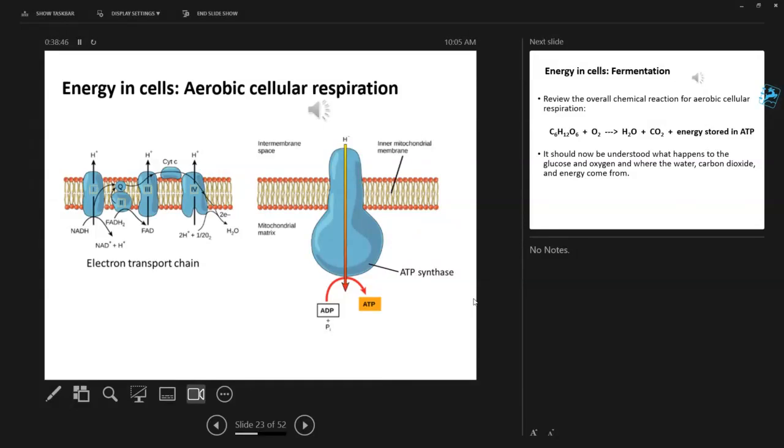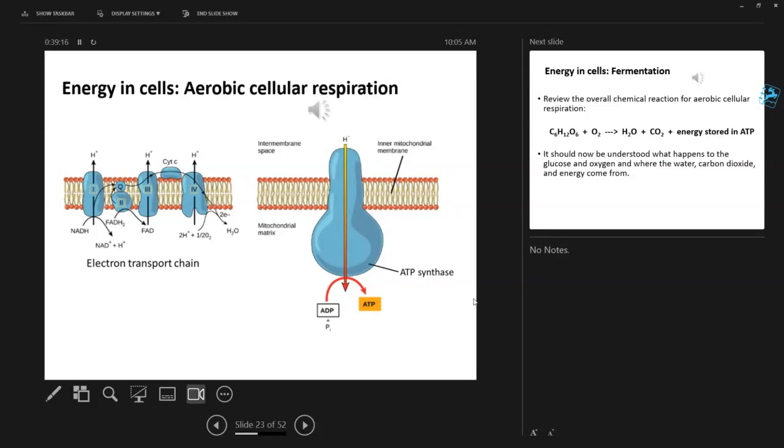Just like, remember, the plasma membrane has protein molecules embedded in it that do various things. But what these special protein molecules do is they use the energy in this NADH and FADH2 that was stored in there in the first three steps of aerobic cellular respiration.